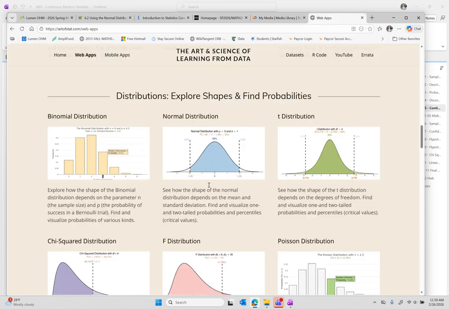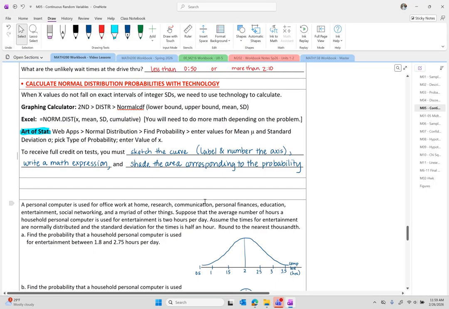Remember that we will be using online apps for this, and we will be required to sketch the curve, label and number the axis, write a math expression for the problem we are asked to solve, shade the area corresponding to the probability.